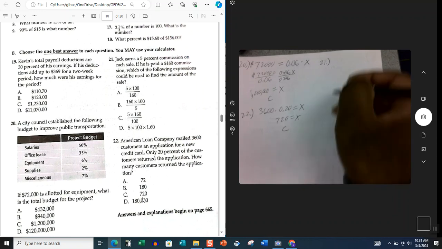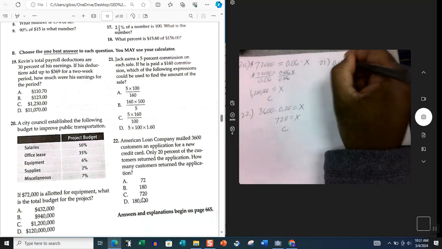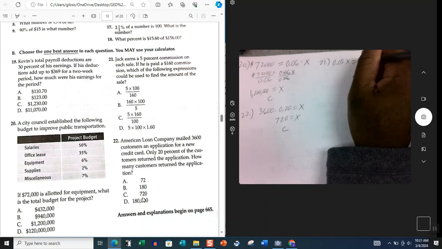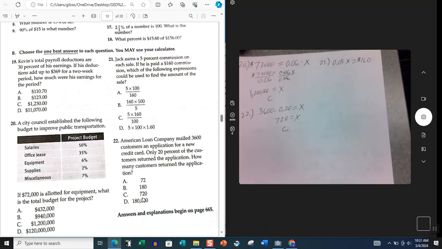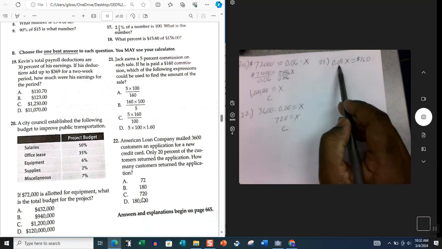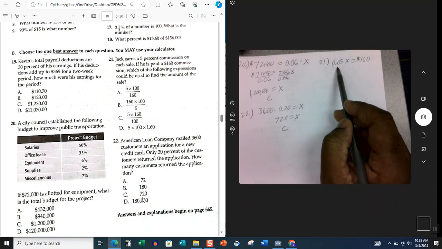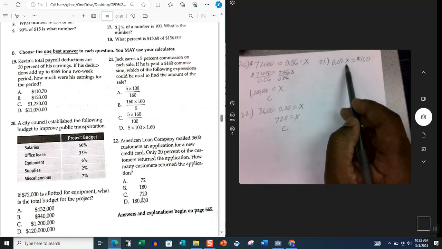So basically, 5% of whatever sales he made will give him $160. So now we have 0.05x is equal to 160.